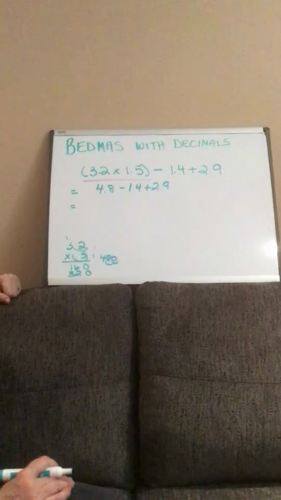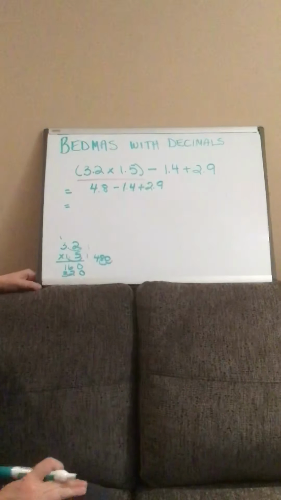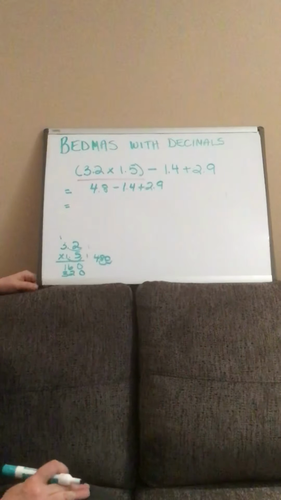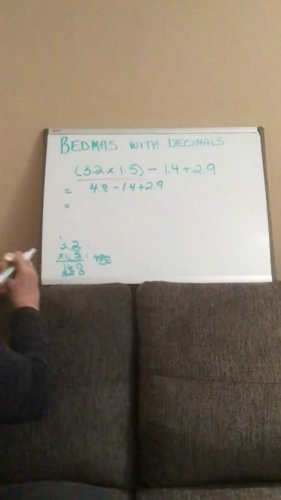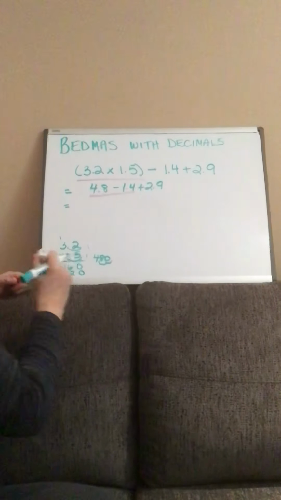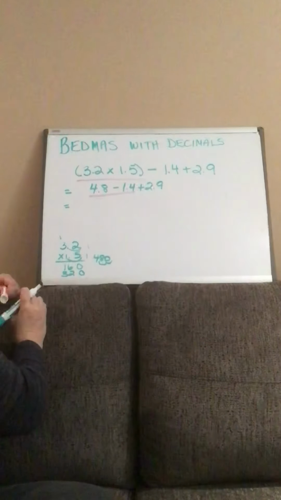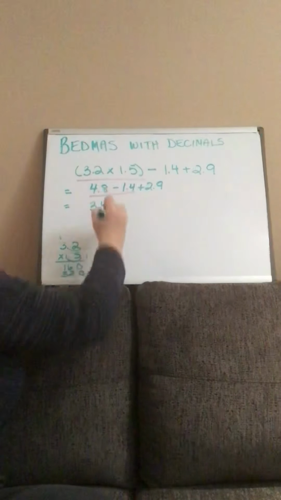The next letter is E, exponents. And as you can see, I don't have any exponents in this question, so I can go beyond that. Now I have division and multiplication, whatever comes first. Don't have that either. Then I do addition and subtraction, whatever comes first. So I'm going to look at this part first. 4.8 subtract 1.4 is 3.4.